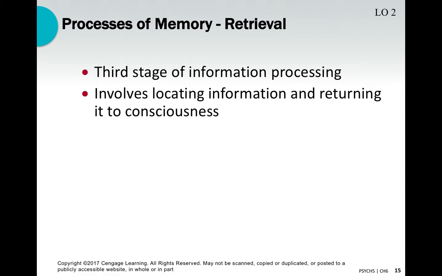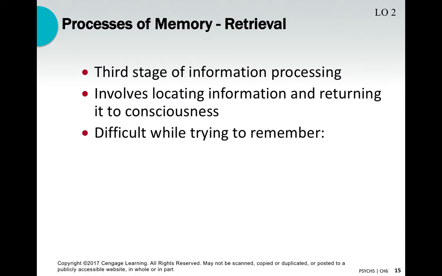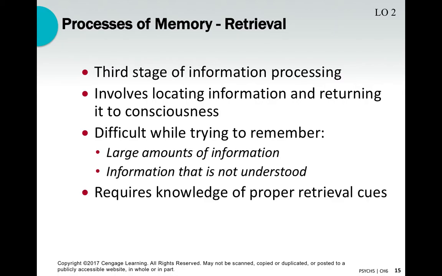We have to go back and retrieve information from where it's stored, and return it into our conscious experience. And it is not always an easy process, especially when we're trying to handle a large amount of information or stuff that we don't quite understand. In fact, we can only hold on to so much information in our memory.